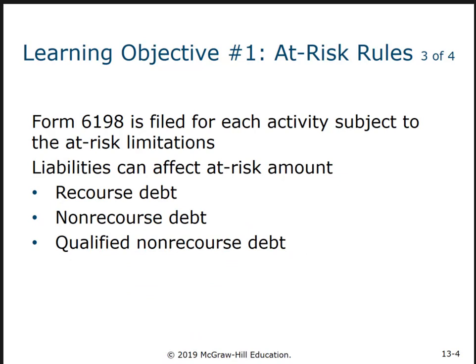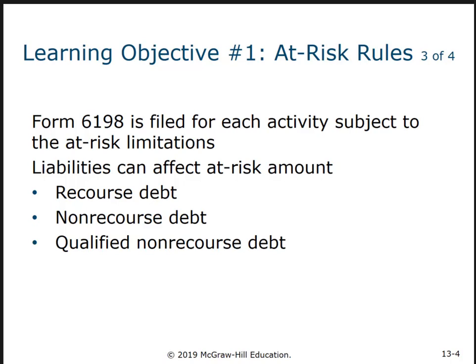So Form 6198, lovely form, is about the activities subject to this risk, showing the different areas of debt, especially recourse debt, meaning that it can come back and you have to pay for it. If the company can't pay, they can come after you as the investor to be paid.